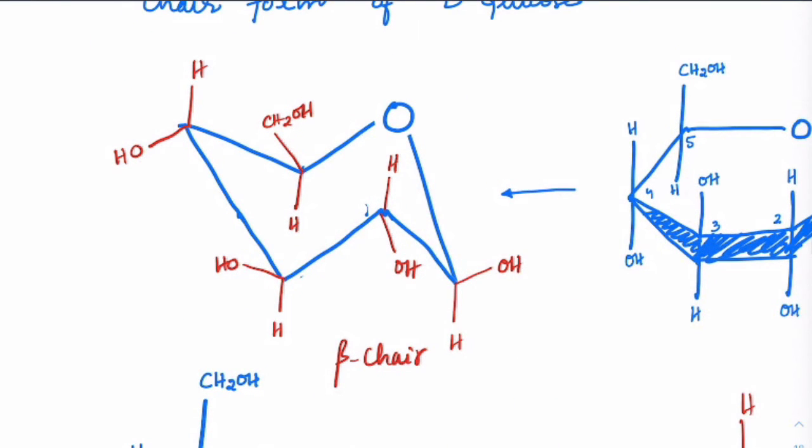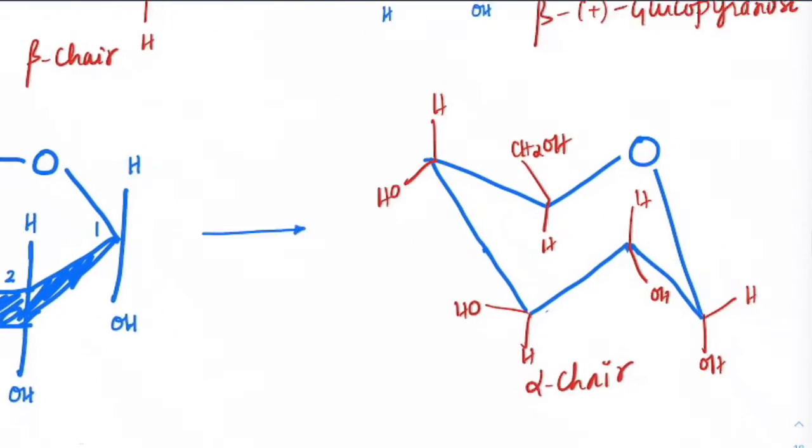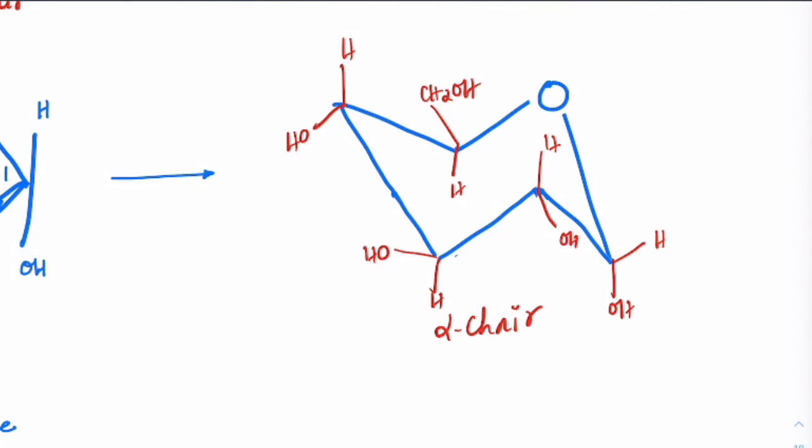In the beta chair, this is equatorial, which means all the bulky groups are on the equatorial position. Let me come to the alpha carbon. On the alpha one, if you check again, this is equatorial, but here the OH is axial, correct?